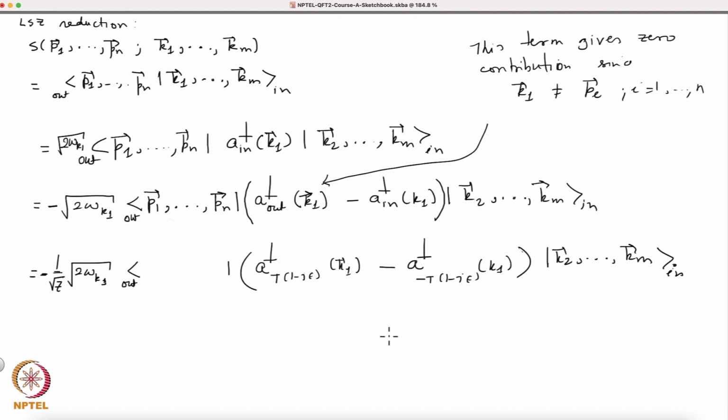Okay. Now what I'll do is I'll do a very simple thing. Okay, out. Let me just write P here. Instead of leaving it blank, I will just write P. This P stands for all these.